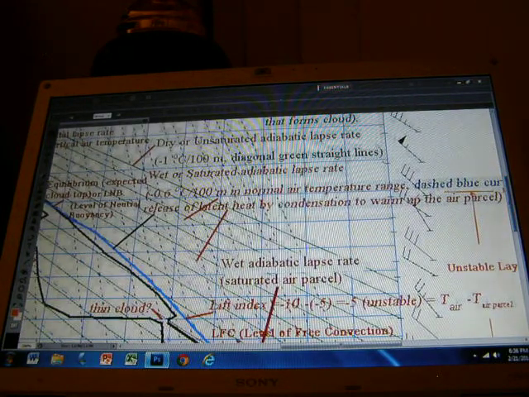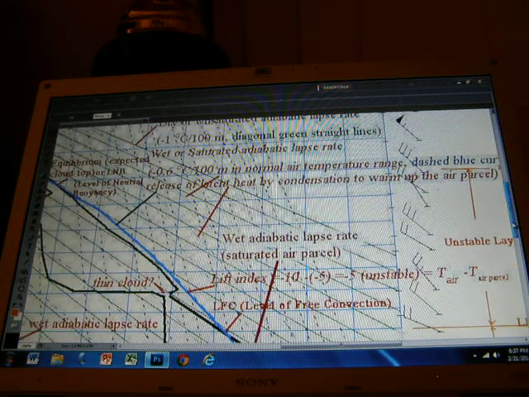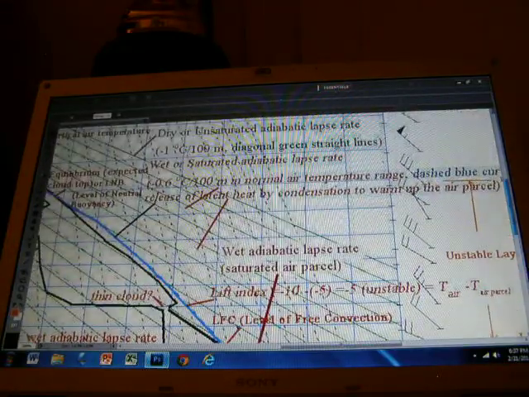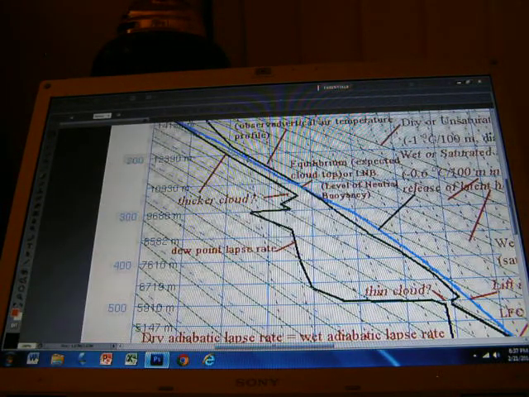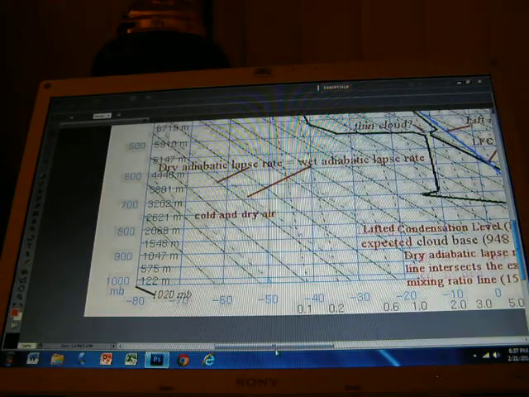The total index can be calculated by an equation. There are other indices like the Showalter index. You can find out about this later. If you look at the dry adiabatic lapse rate and the wet adiabatic lapse rate here, they are almost parallel. That means they have the same slope, 1 degree per 100 meters, because here the air is very dry and cold. The air cannot contain much moisture, so the moisture is less than 0.1 gram per kilogram.